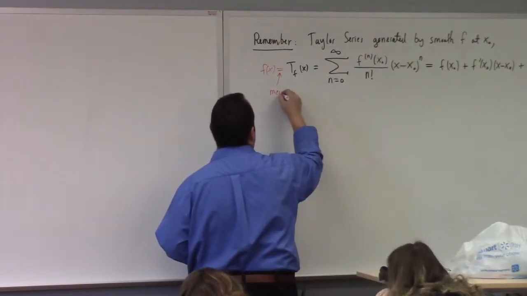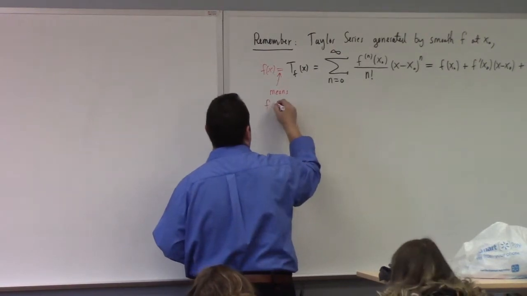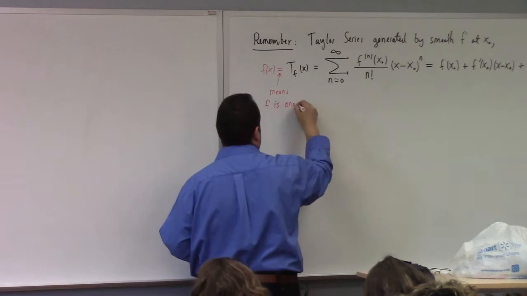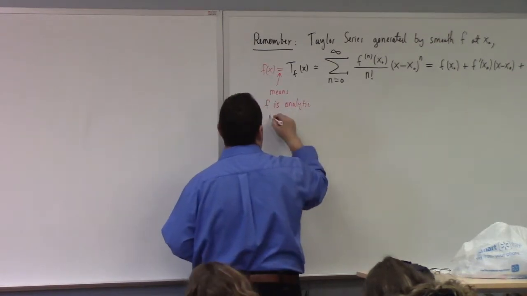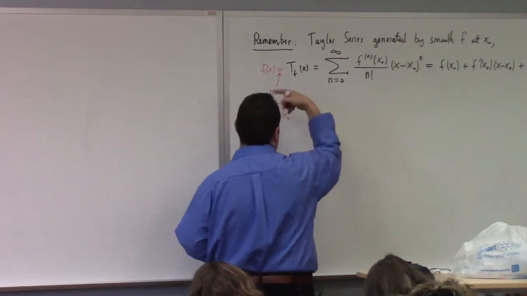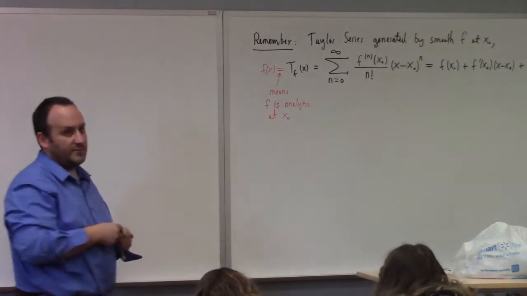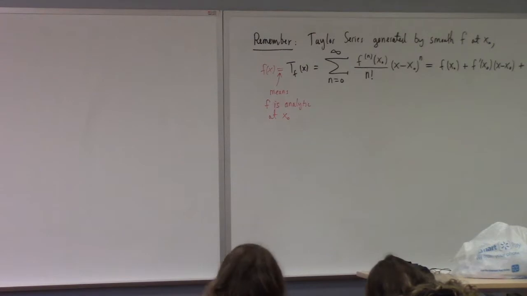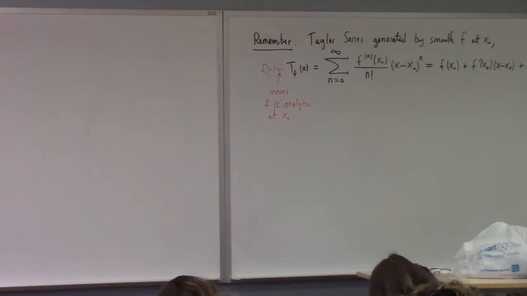This equality is always true at the center, because if you just plug x naught into the Taylor series, it reduces to f of x naught.